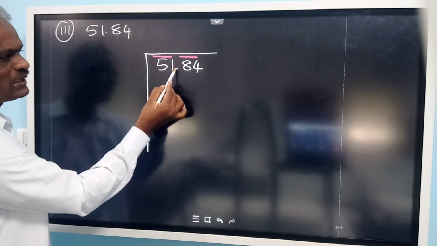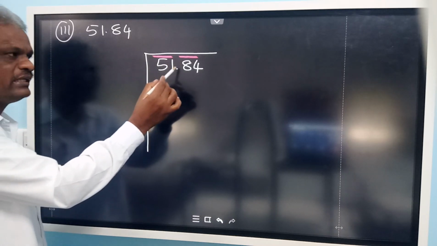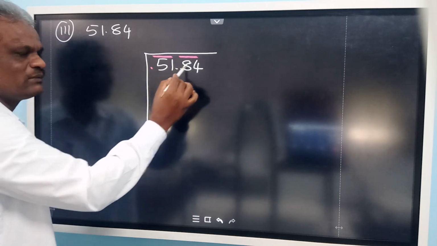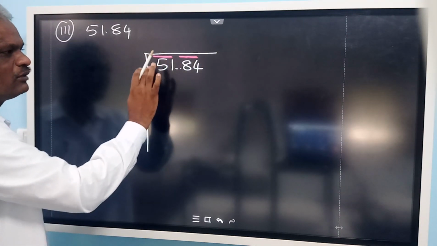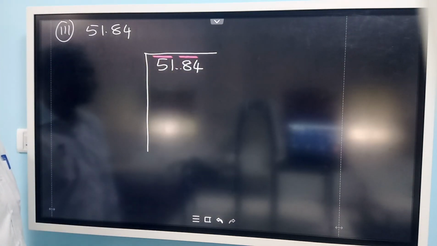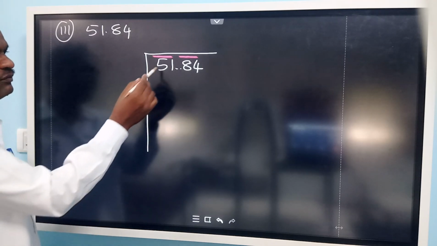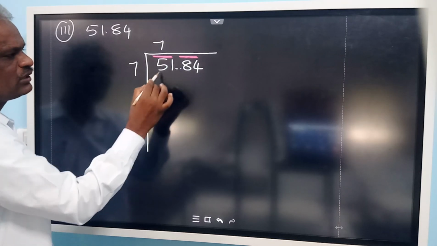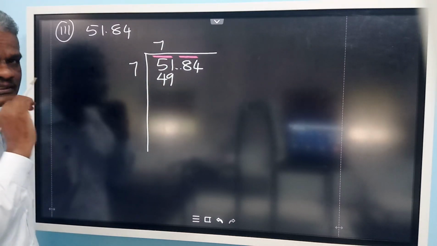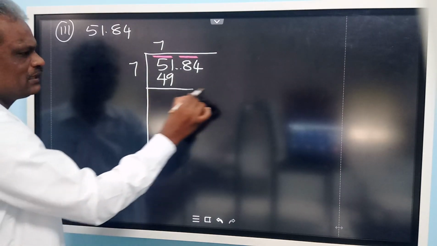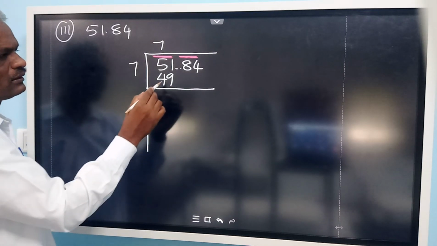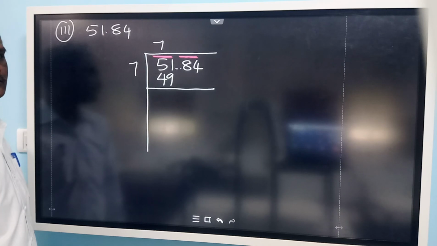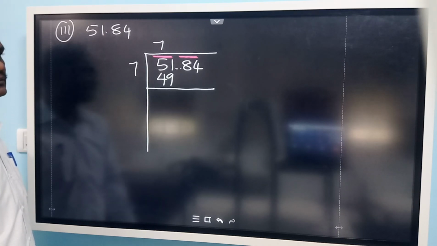Starting from the decimal point, go to the left side for the integral part, and to the right side for the decimal part, making groups accordingly. Now for 51, the nearest square number is 7 7s are 49. 49 is the nearest square number. So subtract this. 51 minus 49, what is the answer?